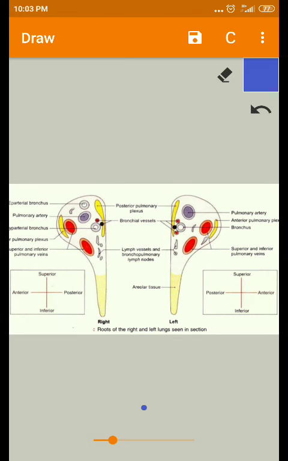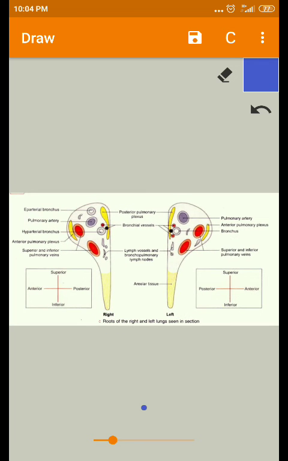Then one pulmonary artery, which carries impure blood, and two pulmonary veins: the superior pulmonary vein and the inferior pulmonary vein. Again on the left side, the superior pulmonary vein and inferior pulmonary vein are present.